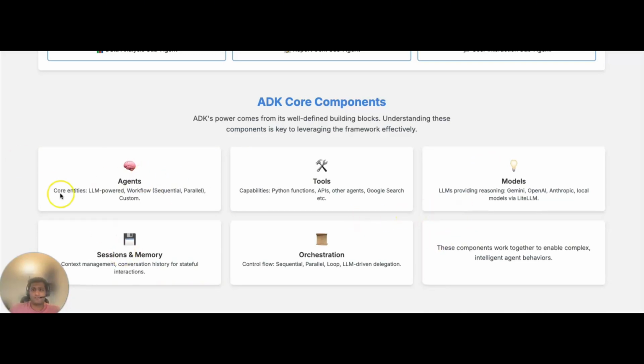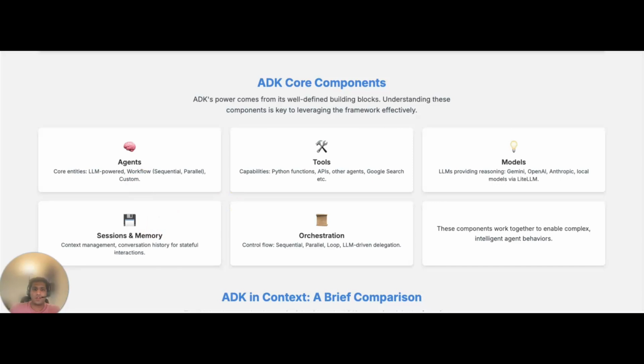The sessions and memory are crucial for managing context and conversation history, allowing for stateful interactions. ADK provides mechanisms for this, including in-memory sessions for local development. And finally, orchestration.